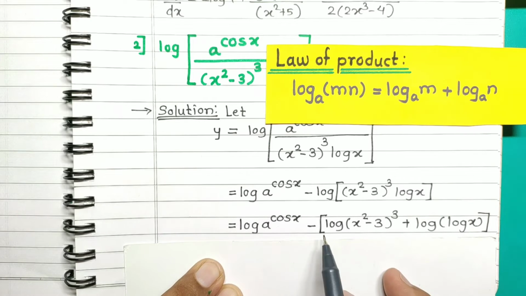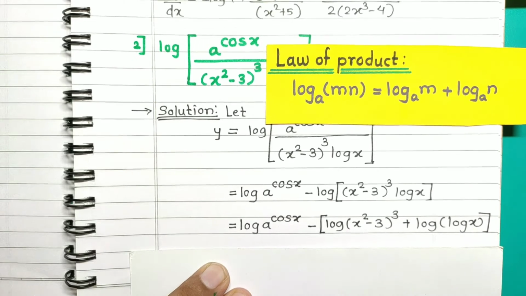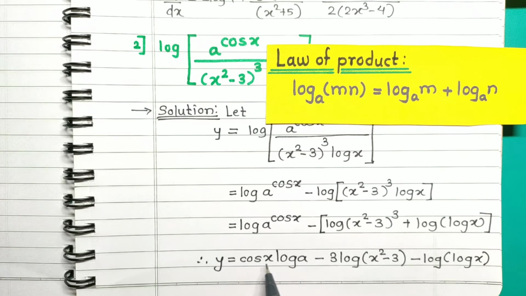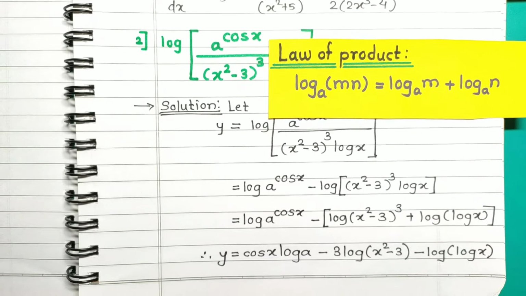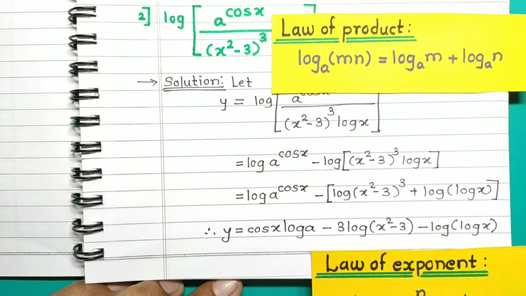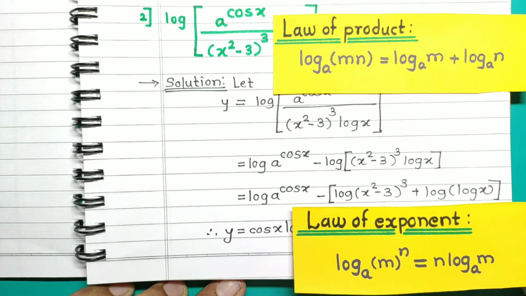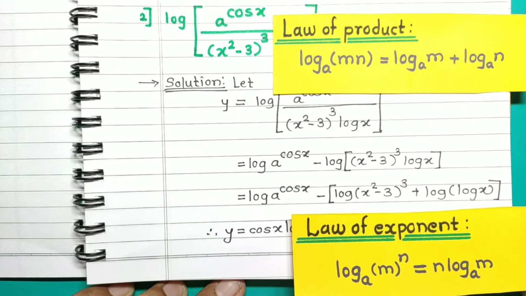So simplifying this bracket, again here the law of exponent is used. What is the law of exponent? The law of exponent gives us log of m raised to n is equal to n into log m.